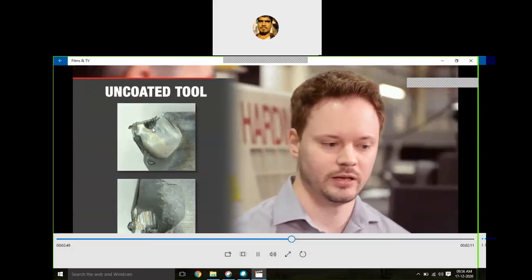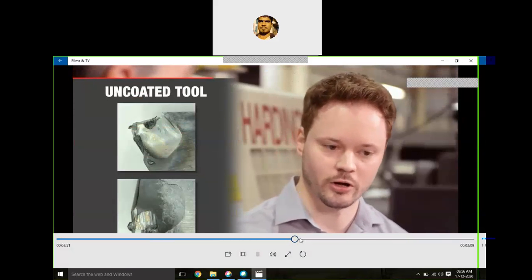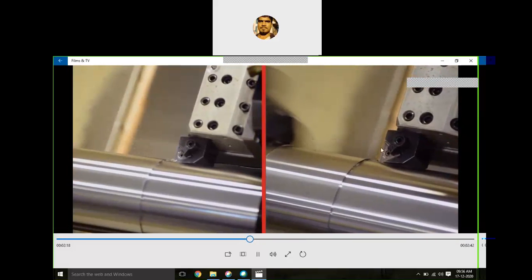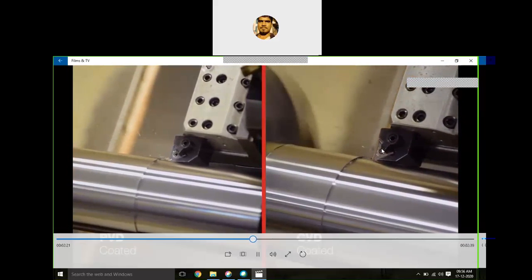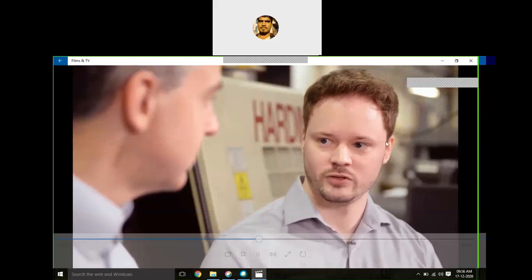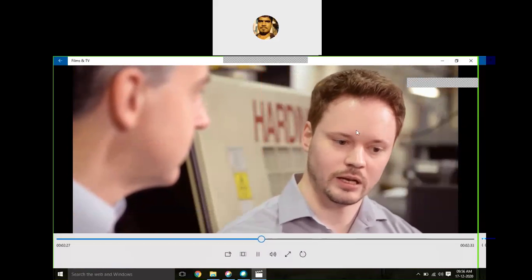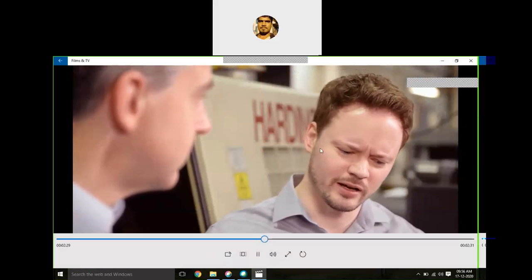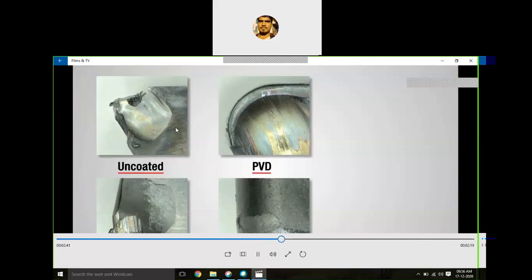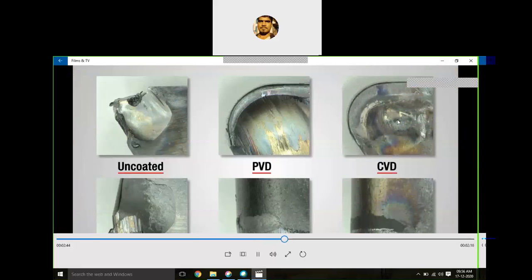So this is the uncoated tool. These are cutting tools, carbide tips, whatever is used in the machine shop. That is again improved by these surface coatings. Uncoated, and after coating, PVD and CVD coating.